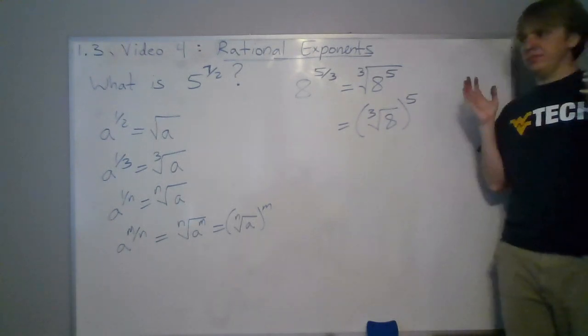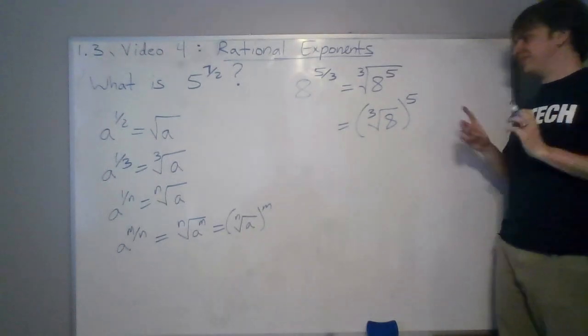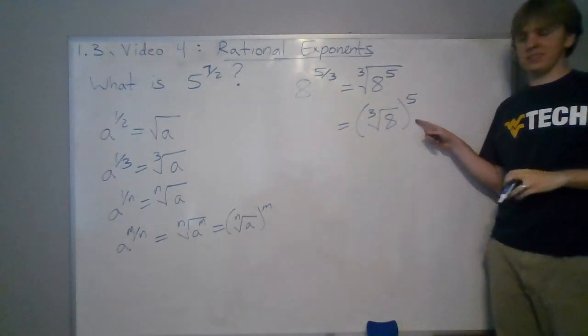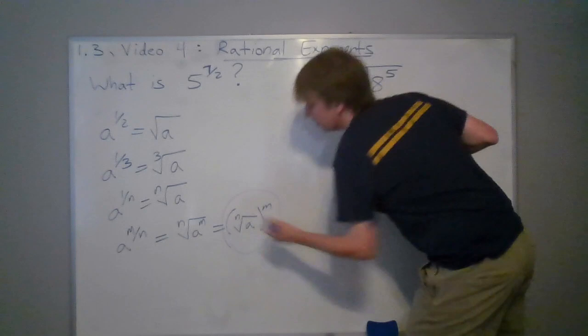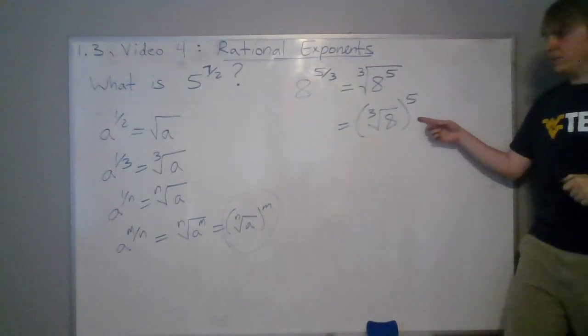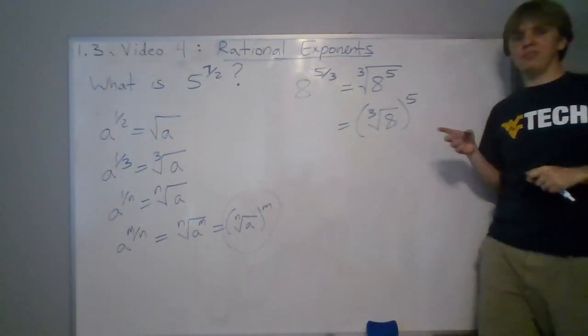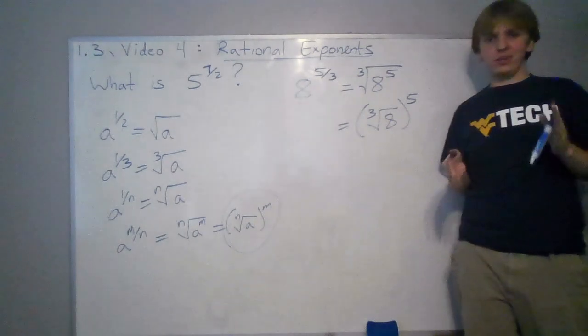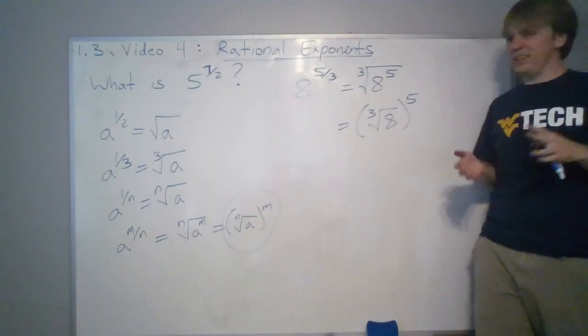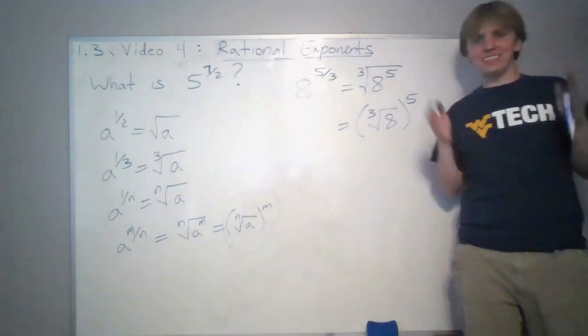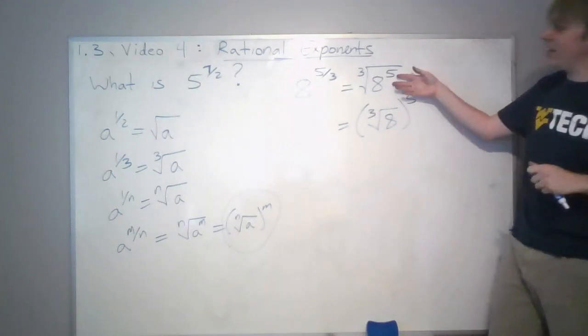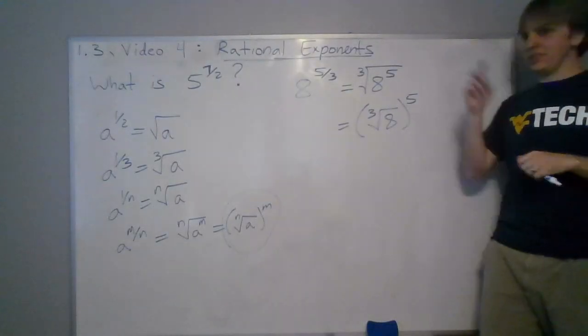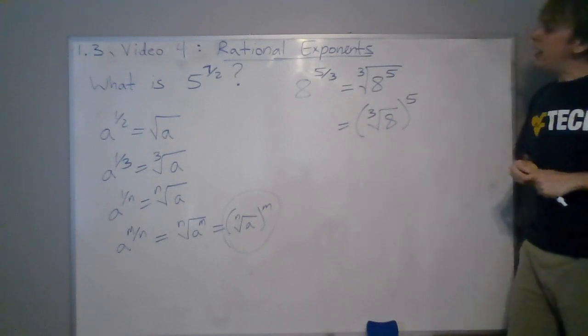Okay, most of the time, this is going to be your better choice. Not all the time, but most of the time this is going to be your better choice because you have smaller, simpler numbers as your middle steps. What is 8 to the 5th? I have no idea. It's some gigantic number. You need a calculator to figure out what 8 to the 5th is, or just sit there and multiply 2's forever.